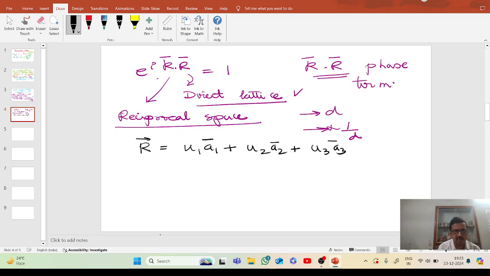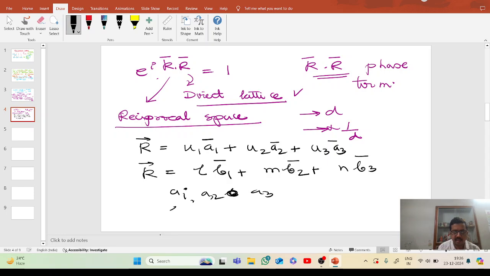Let's try to find out what the relationship will be. So let us suppose k is equal to l b1 plus m b2 plus n b3. l, m, n are all integers.